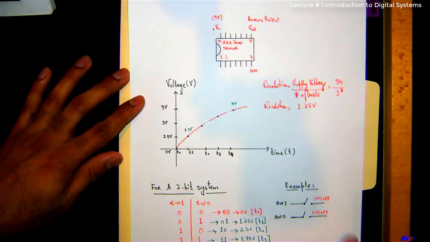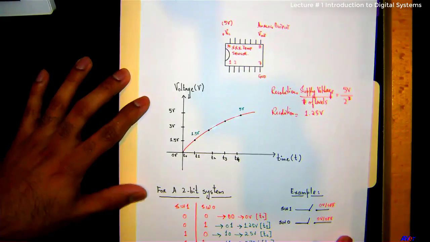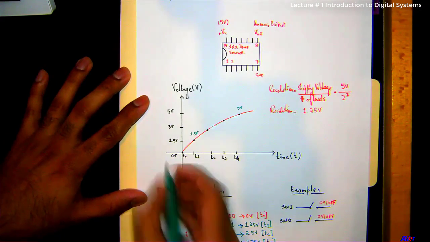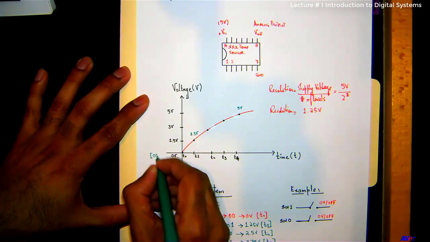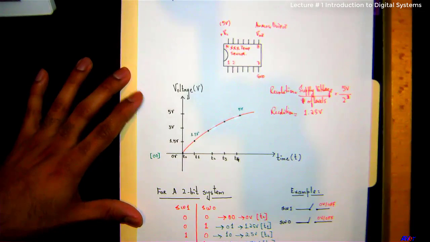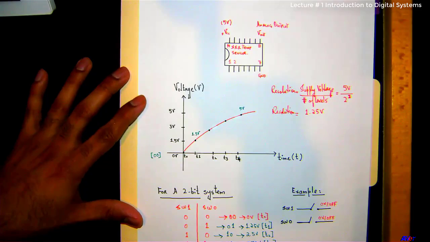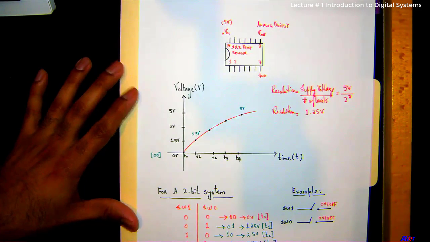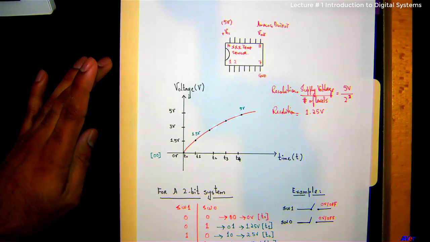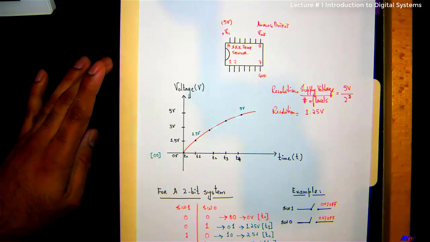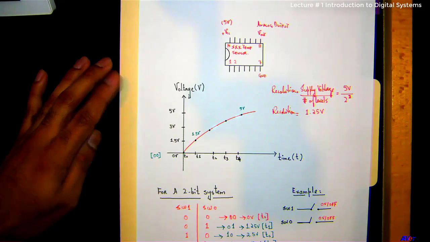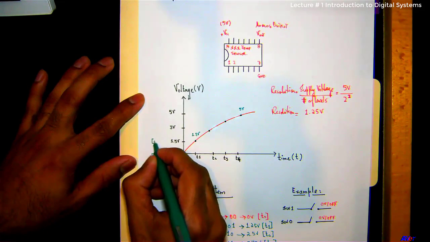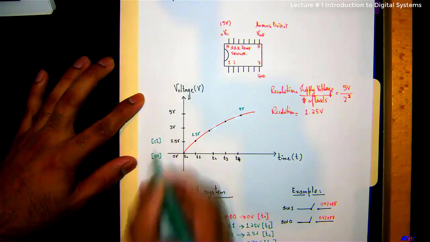So now what our computer understands here is, when the voltage is 0 volt, it thinks of 00 in a 2-bit system. Okay. Now if the voltage is 1.5 volt, what would the computer think? Obviously it's going to think 01, but 01 corresponds to what?